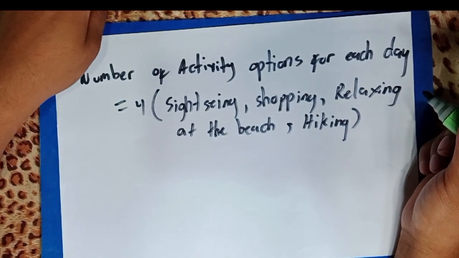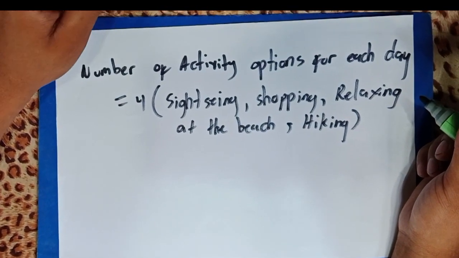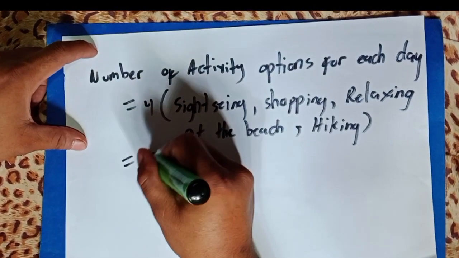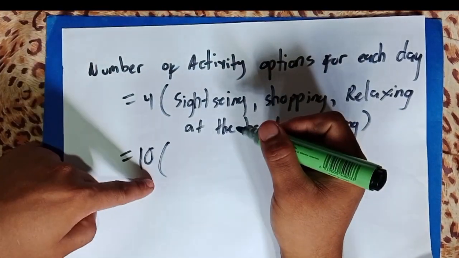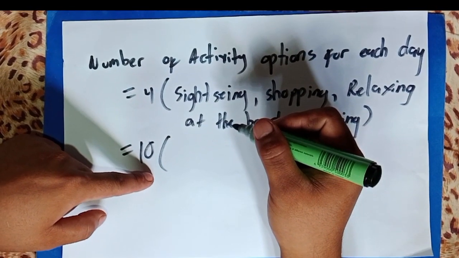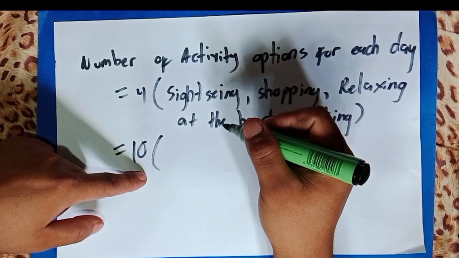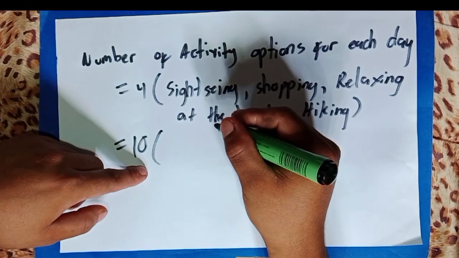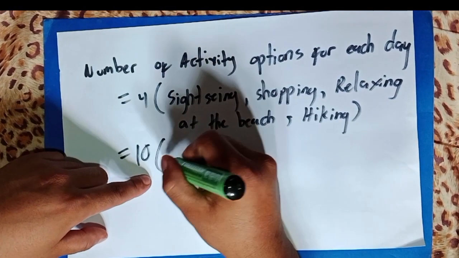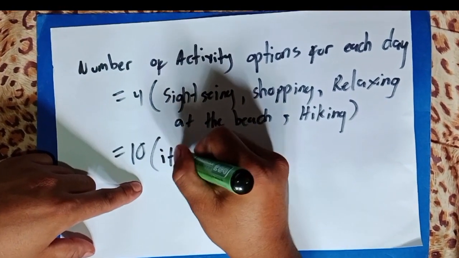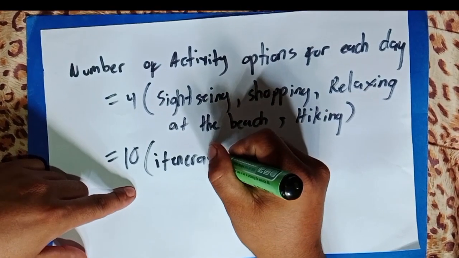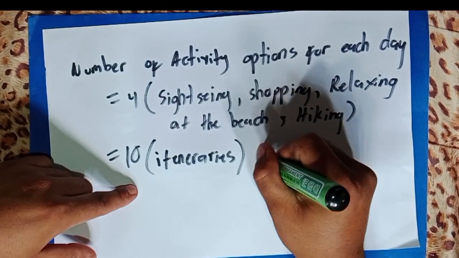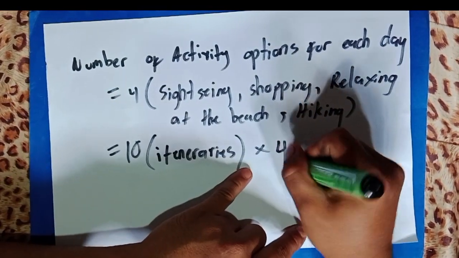So the total number of ways to plan both destination and activities: why 10? Earlier, in the addition principle of counting, 10 was the final answer we got. So this is for 10 itineraries times 4 activities.